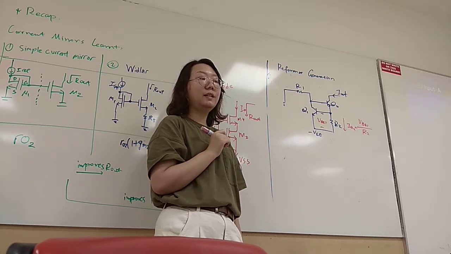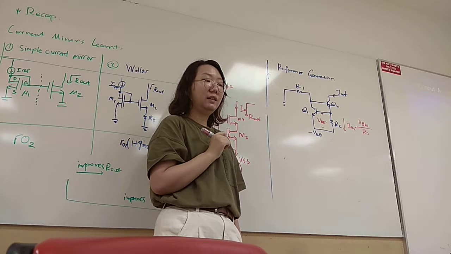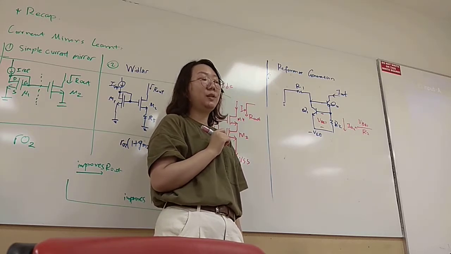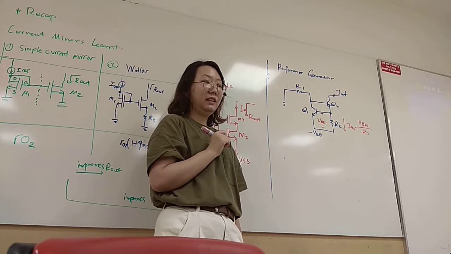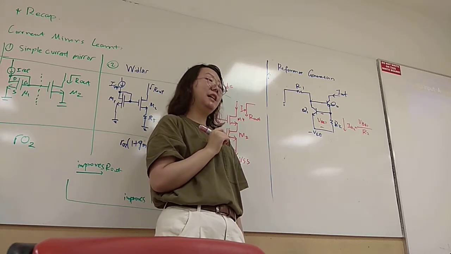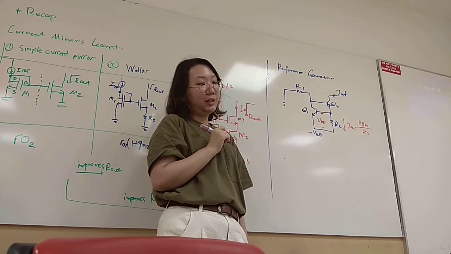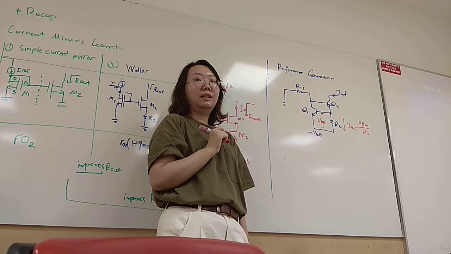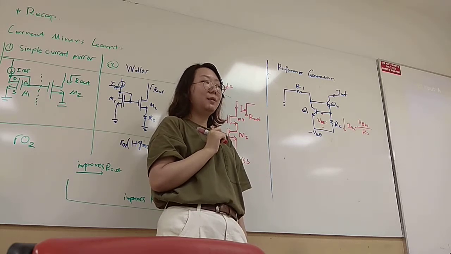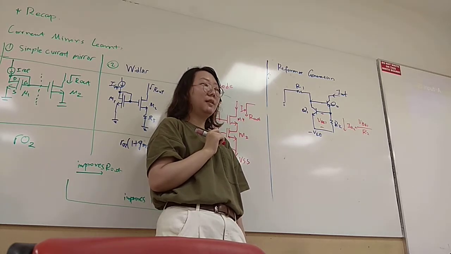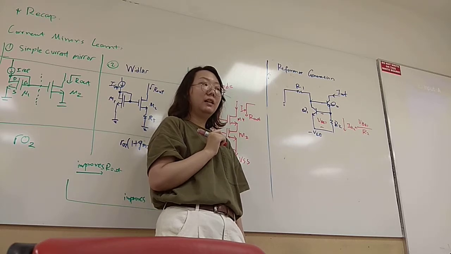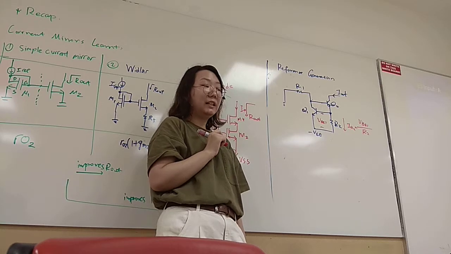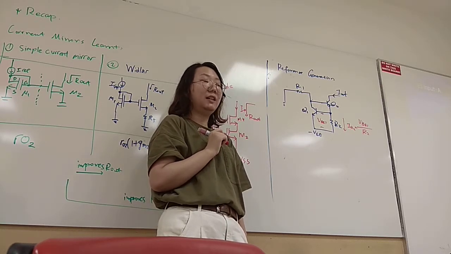IE. Which one is the second largest? IC. So if I compare IC and IB, IC is bigger. So IC is always equal to beta times your IB. It's not IC equals beta divided by IB, because your IC is definitely bigger than your IB.